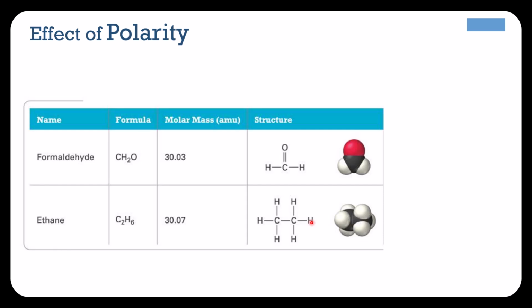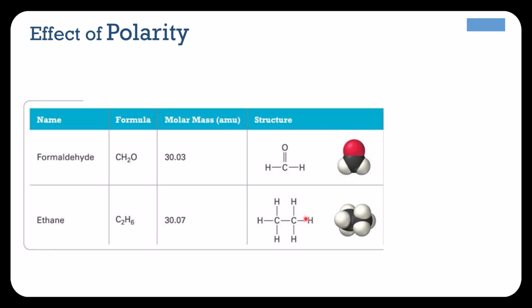And what you would find is that is a non-polar covalent bond. They're sharing those electrons evenly. If you can go ahead and commit to memory that carbon-hydrogen bonds are non-polar, that could potentially save you a lot of time in the coming weeks.